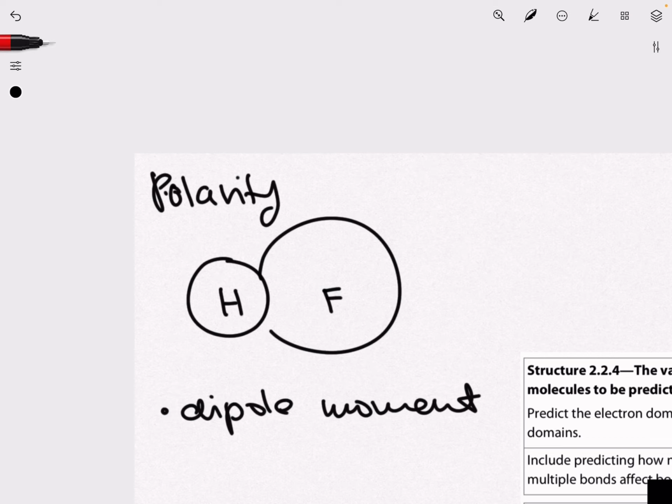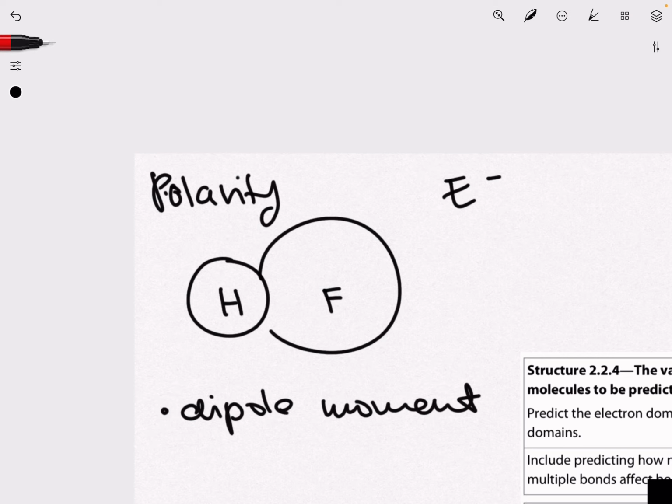a vector. So this overall charge has to do with the electronegativity of an element. The electronegativity of an element is its ability to attract bonded pairs to itself. The most electronegative element being fluorine.